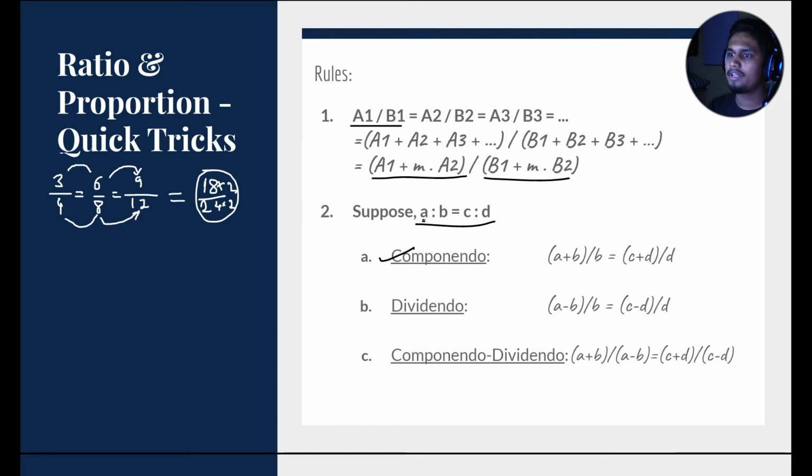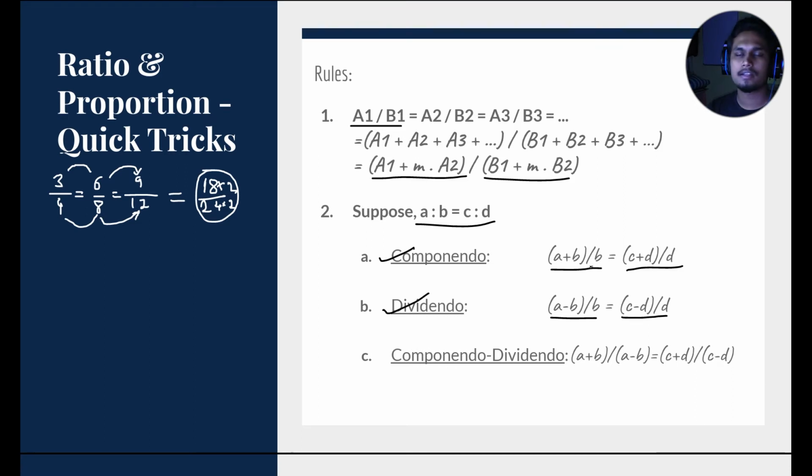If a is to b equals c is to d, then as per the Componendo rule we can say that a plus b by b is equal to c plus d by d, and the Dividendo rule says that a minus b by b is equal to c minus d by d.